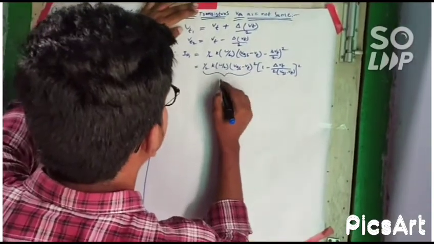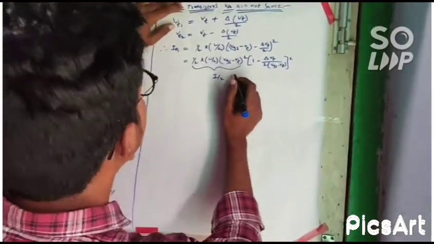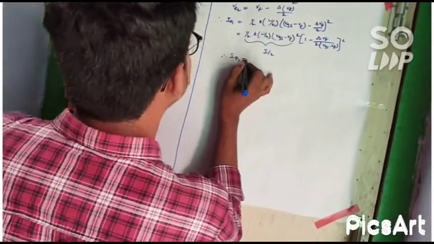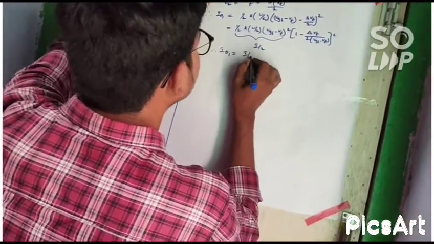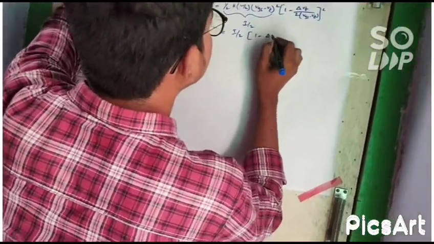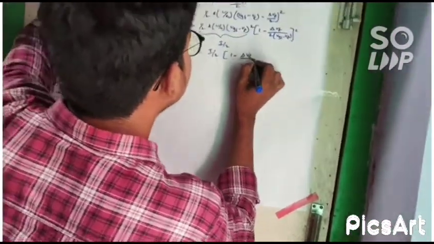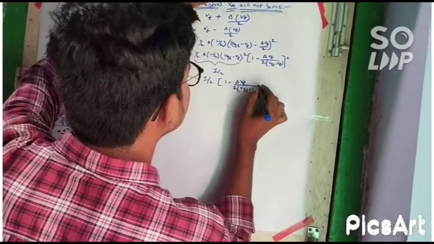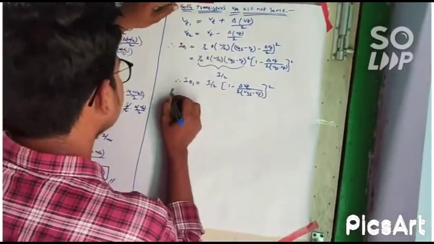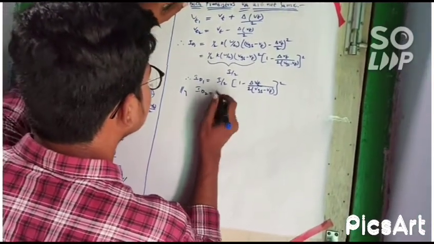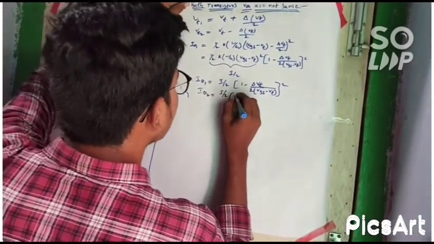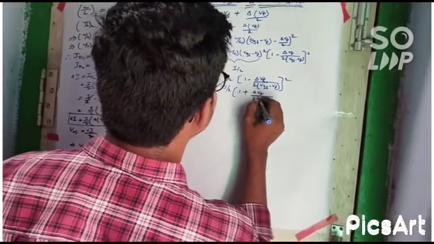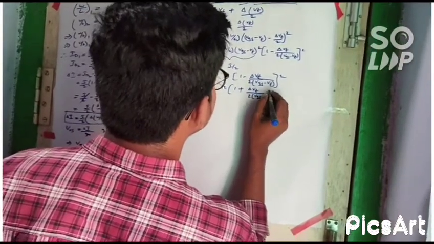ID1 is equal to half into K into W by L into VGS minus VT minus delta VT by 2 whole square. In this, we take VGS minus VT as common. Then 1 by 2 into K into W by L, VGS minus VT whole square, into 1 minus delta VT by 2 into VGS minus VT.